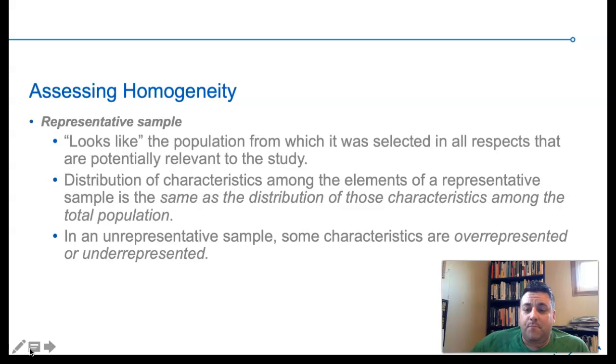So, for instance, let's go back to our New York State example. If we were to select one person from every county, like we've been talking about, the counties that are much more populated, say downstate or some of the big cities, there would be much more heterogeneity in those places, and so we would need to recruit more people from those places in order to account for that heterogeneity.